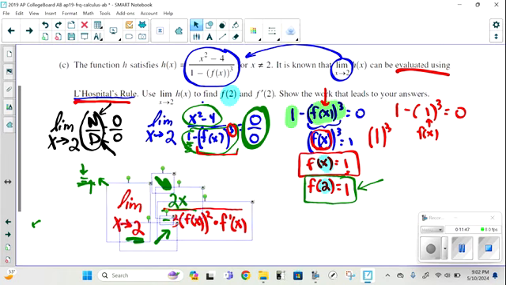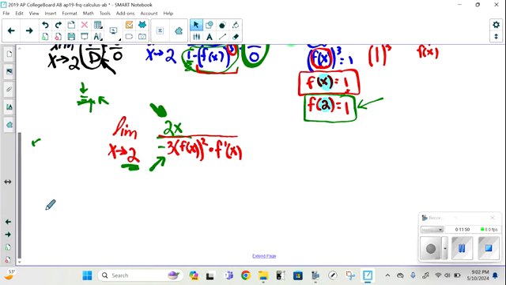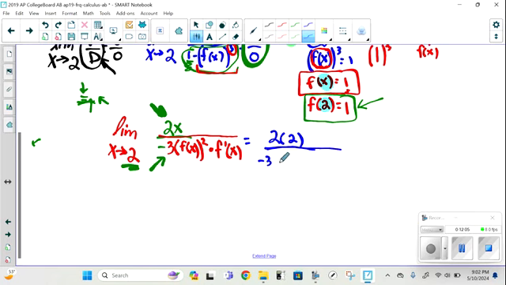I know when I plug in a 2, I will get the following. 2 times an x, which is 2 on the top, over negative 3 times f of 2 squared. Okay, because we put a 2 in here, put a 2 in here, times f prime, and here's where our last x is. It's going to be 2. But what does it equal?